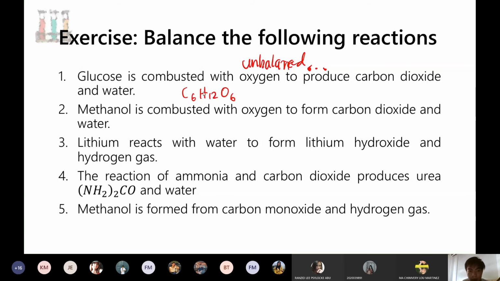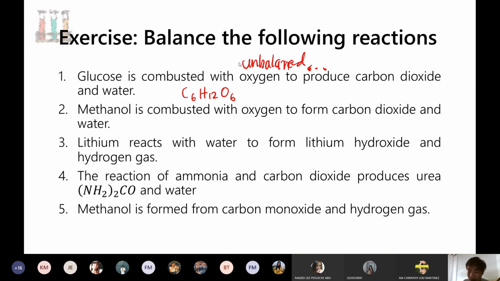So glucose, C6H12O6. Oxygen, O2. Again, pag oxygen lang, O2 yan, ha? Not O. O2 dapat. Okay, so glucose is combusted with oxygen. The word with tells me na yan ay reactant. Combusted meaning sinunog kasama ng oxygen.